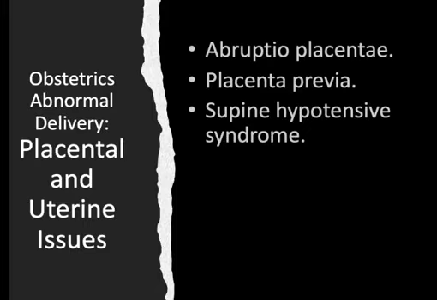If you think about it, right in front of the spinal cord, you have the major vessels that run down, the aorta and the vena cava, and it's like a bowling ball is being placed on top of those. So you're not going to be able to obtain a blood pressure if she is in supine hypotensive syndrome, or it's going to be too low. So make sure that you're tilting the backboard to the left immediately to regain that blood pressure.